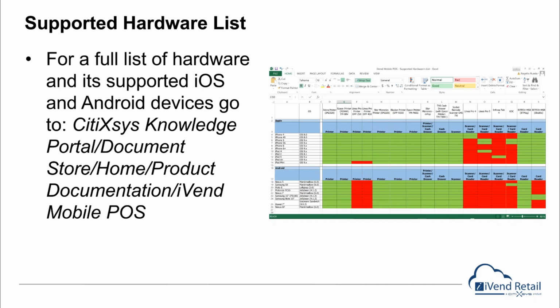There you will see this Excel spreadsheet with all the compatibility between devices and operating systems, whether it be a printer, a mobile phone, an iPad, scanners, cash drawers, etc. I highly recommend that you download this spreadsheet from the Knowledge Portal.